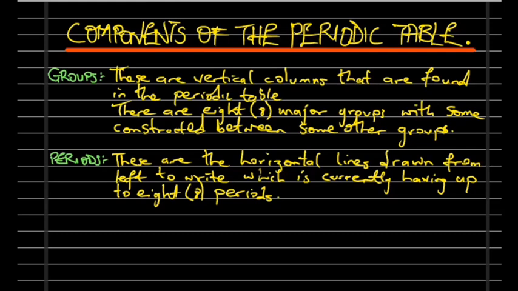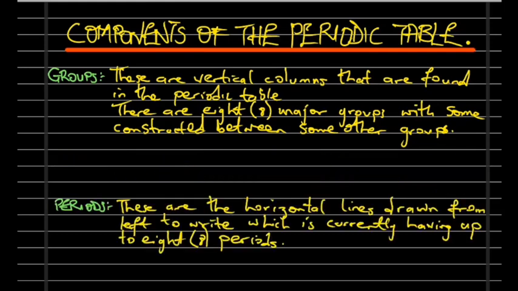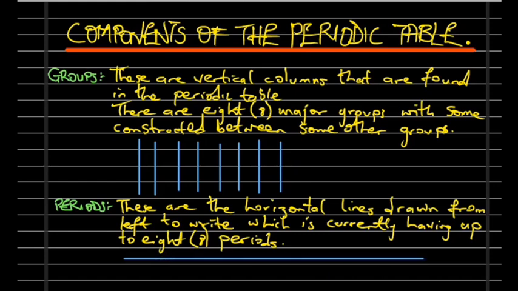Now, if you have discussed this, let us quickly look at what we are talking about. Let me use this to help us understand what the groups are like. So we have the groups constructed like this. You can see them in just rows drawn from top to bottom, while in the case of the periods, we have them drawn across like this.